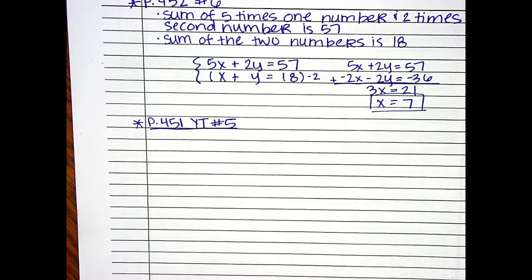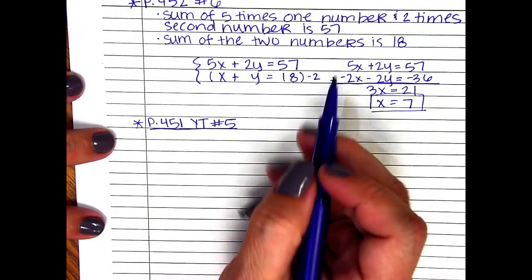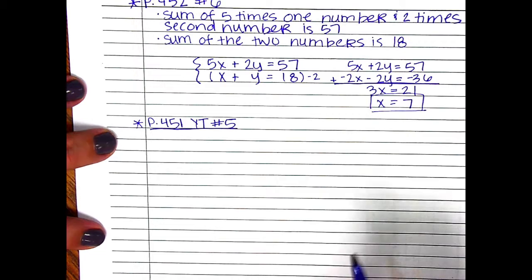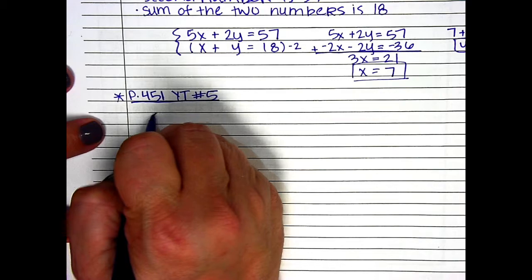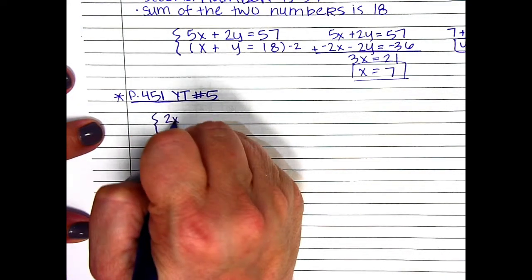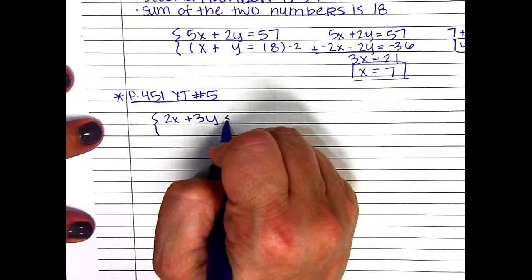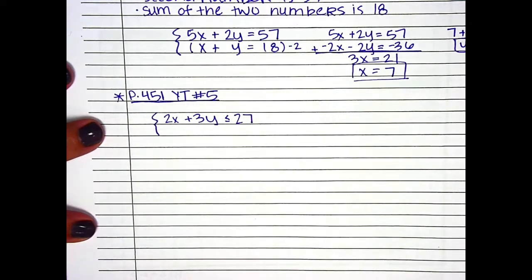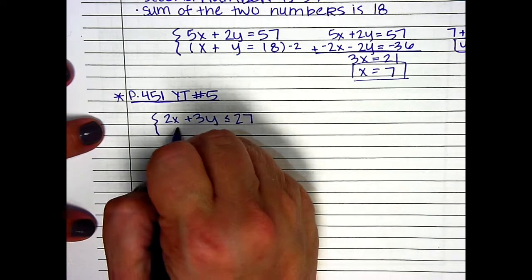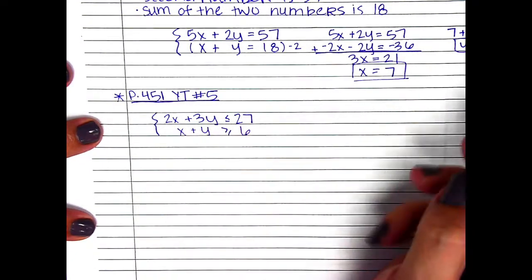Okay, so because we have the words at least and at most, we know that these are inequalities. So she wants to spend at most $27, so that would be 2x plus 3y less than or equal to 27. And then she wants to buy at least 6 packs of paper, so x plus y has to be greater than or equal to 6.